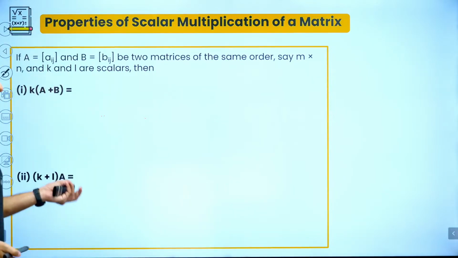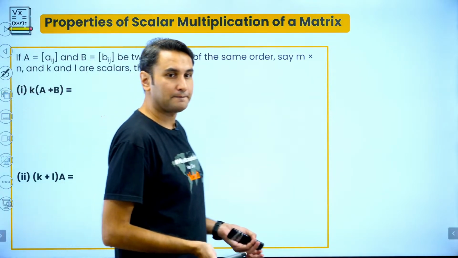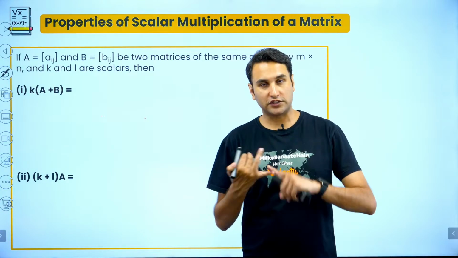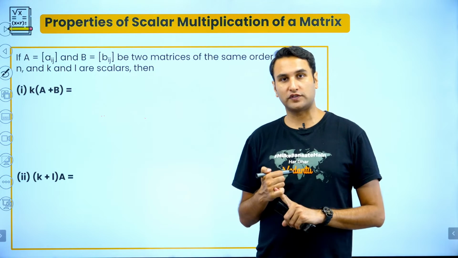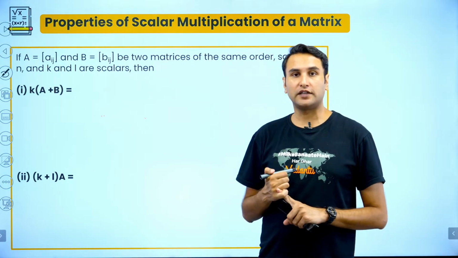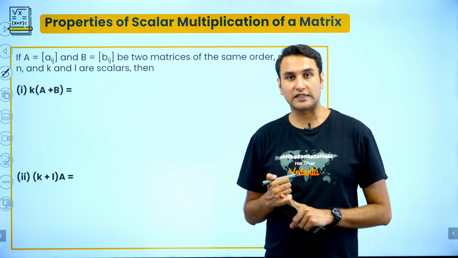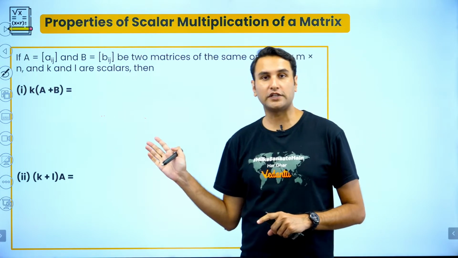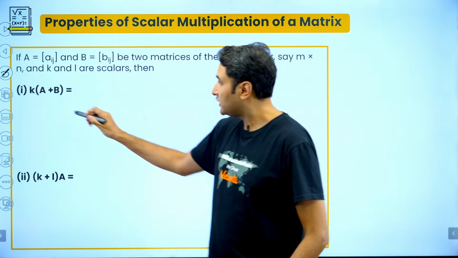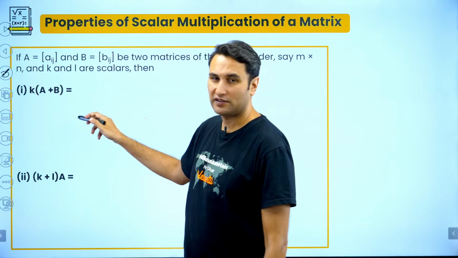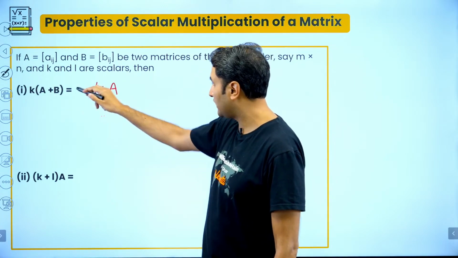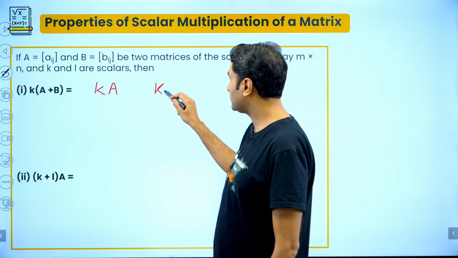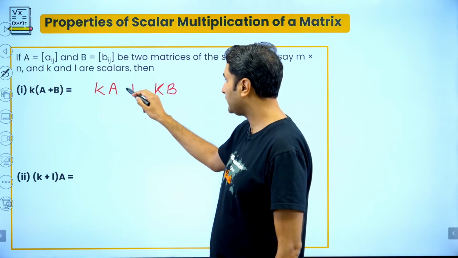Now, simple properties, nothing special here. We studied addition, we studied the properties of addition, commutative, associative. Then we studied the multiplication with a scalar. Simple properties of multiplication of the scalar. If you are multiplying k with A plus B, it's as simple as saying multiply the matrix A with k, multiply the matrix B with k, add the two matrices.